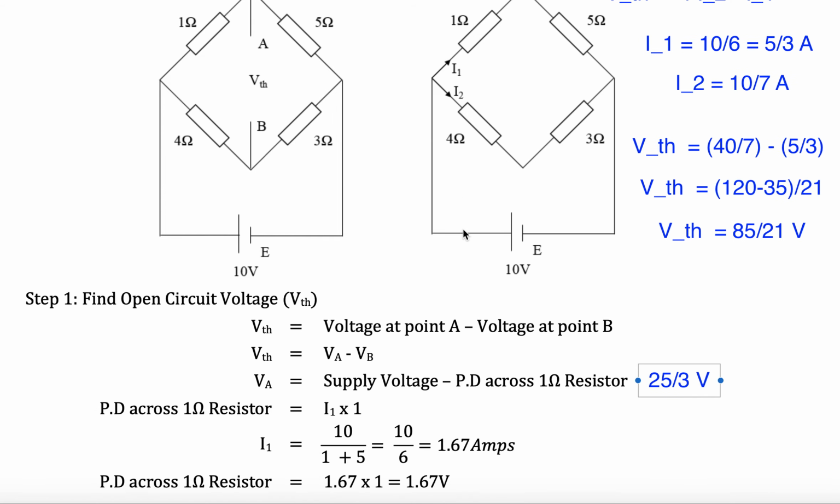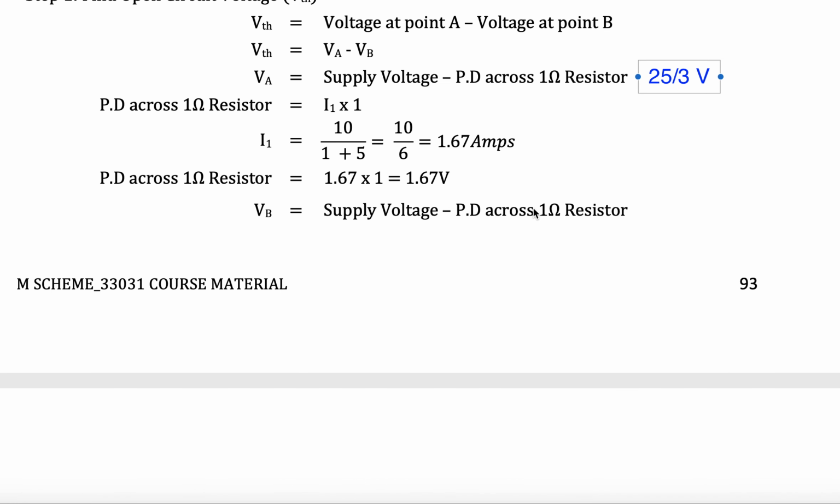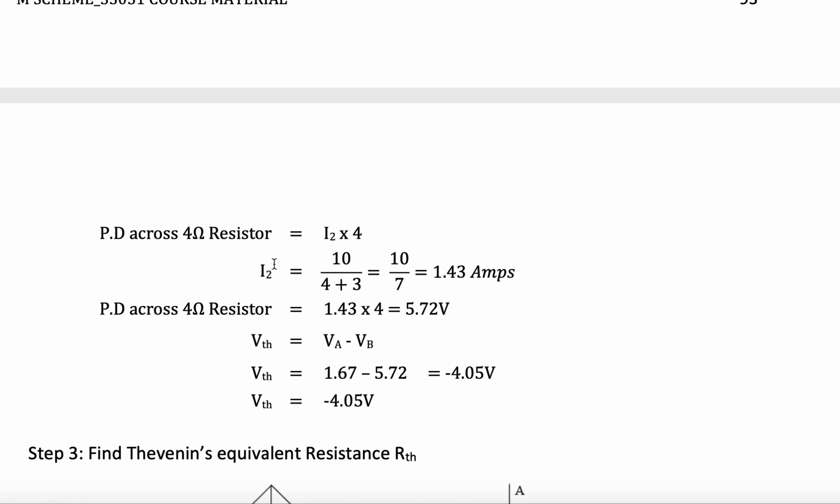VB is supply voltage minus PD across the 4 ohm resistor. This is not 1, it is 4. PD across the 4 ohm resistor is 4I2. I2 is 10 by 7, so that is 40 by 7.